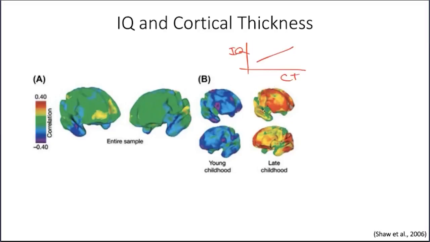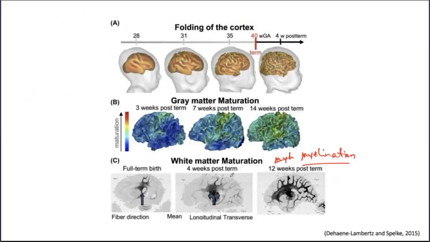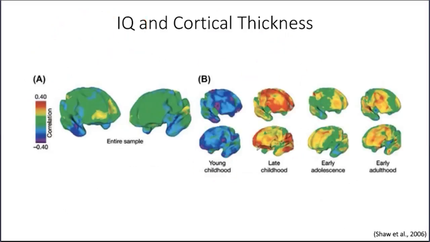So you can have a totally different relationship between cortical thickness and IQ in different periods of life, because of the dynamic process I showed you before in terms of going up and going down. So it depends on where you are located in this pathway and how these items are related to each other. And when we go to early adolescence and adulthood, things would just get more complex in terms of how these things are related to each other.